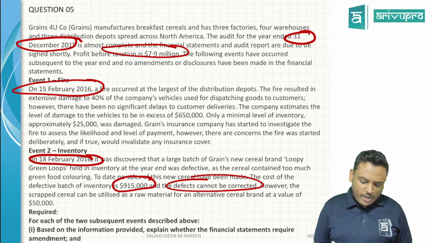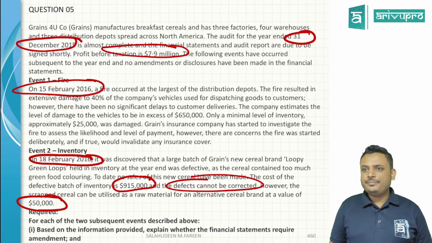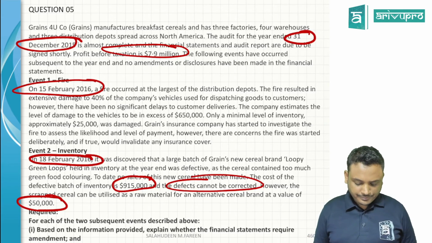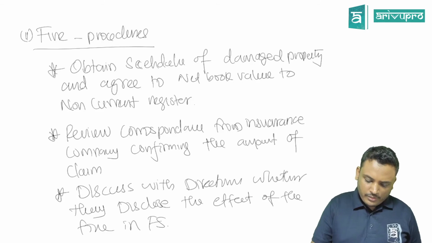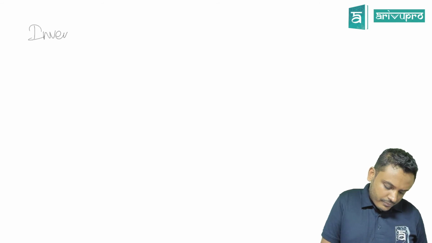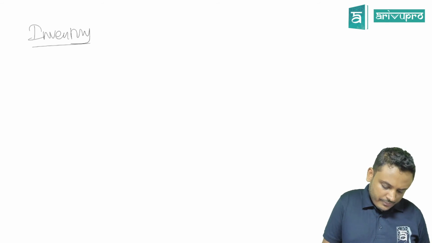Right. Scrap value, how much? 50,000. So write down event 2, inventory.